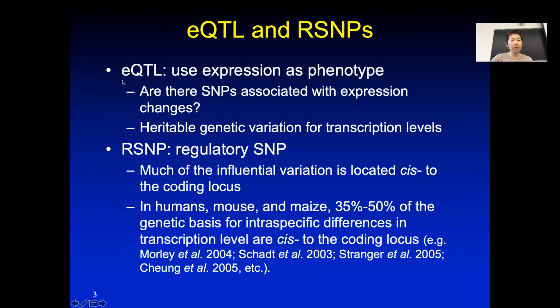In the previous lecture, we mentioned the eQTL. Basically, instead of using the disease phenotype or a trait like height or body mass index as the phenotype, we can use the expression level as a phenotype. We want to ask whether the presence of some SNPs is associated with expression changes, because there are sometimes heritable genetic variations for transcription levels.